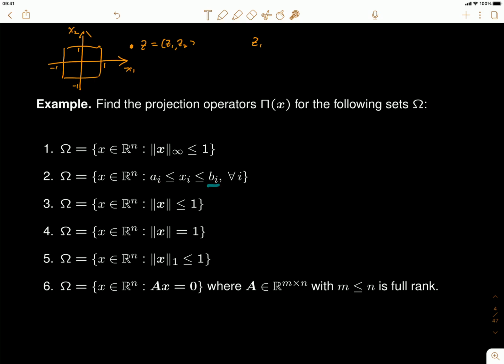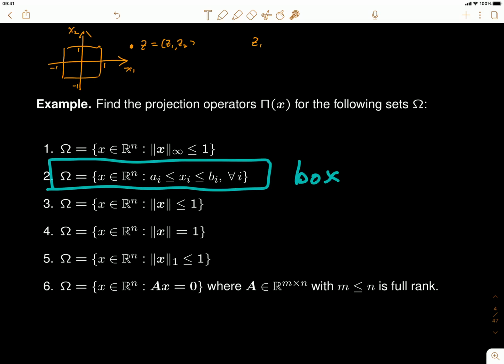If xi is bigger than bi, we set it to bi. If xi is in between, then we don't change xi. Then we do this for each component, and the point is projected back into the box. So this is the very typical one. This is called the box constraint, because this omega is a hyperbox or hypercube in n-dimensional space.